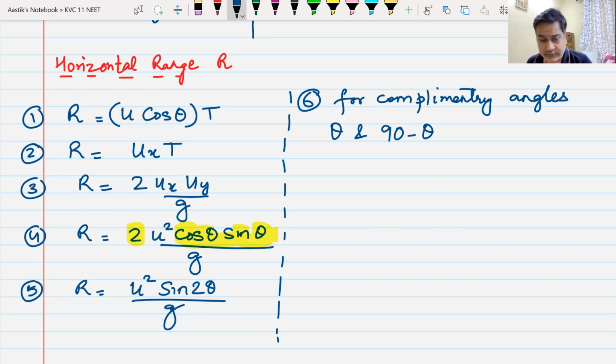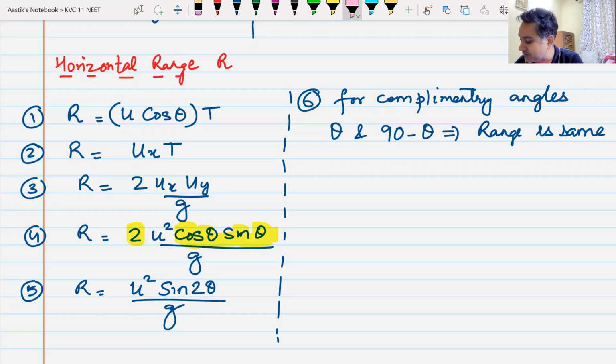If I put the value of theta as 30 degrees or 60 degrees in the formula of range, the range will come same. That is what you need to remember. For complementary angles, range is going to be same. Do we remember this?